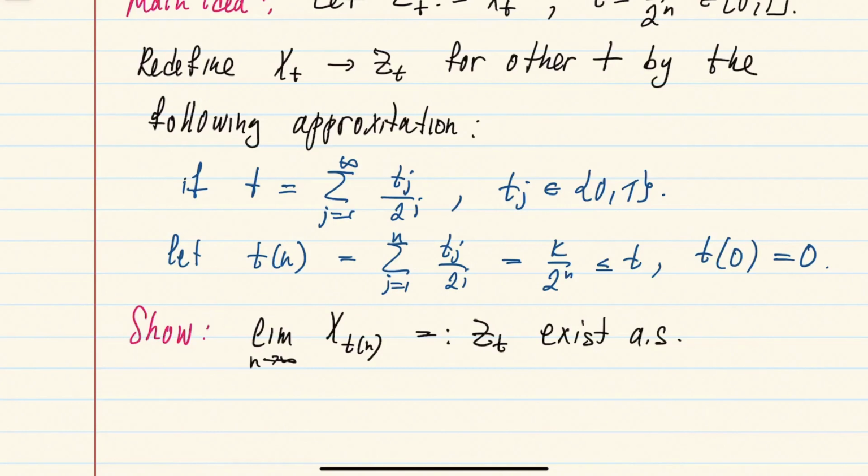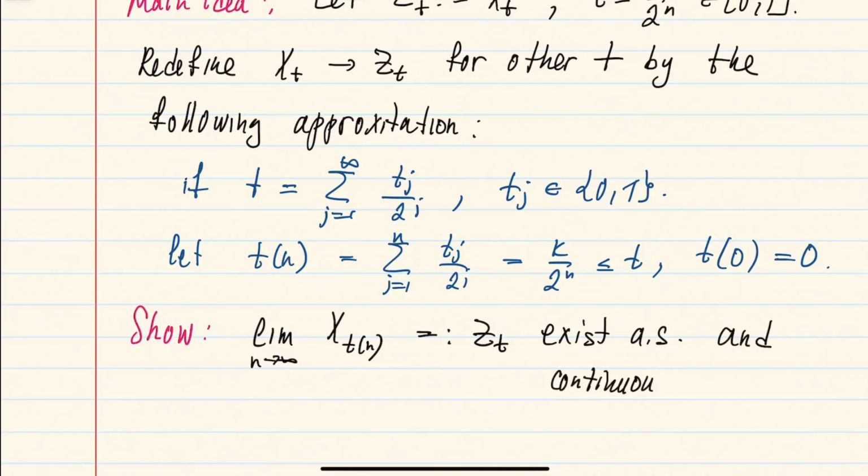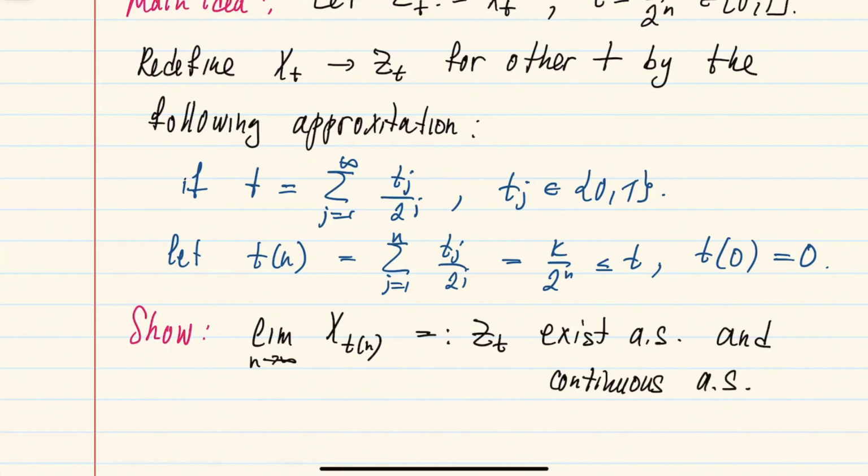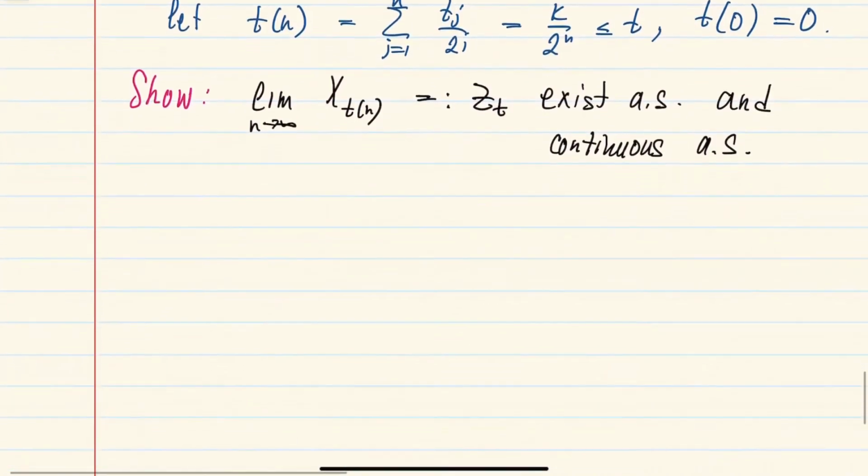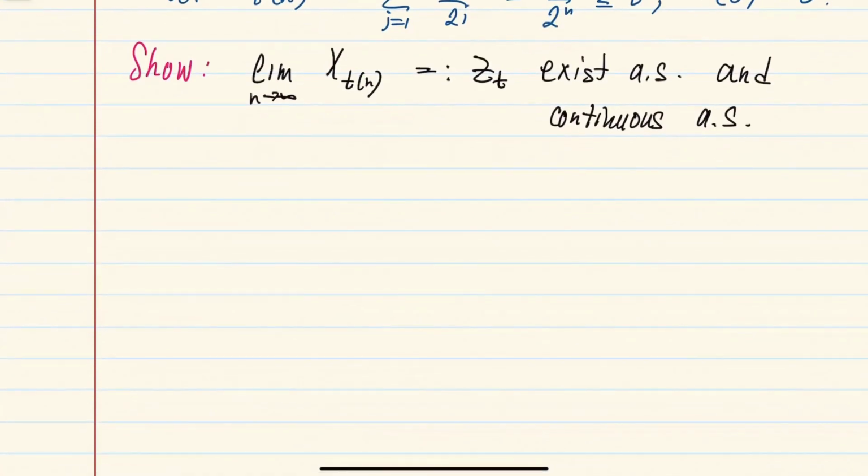It will give us a continuous process, so it will be continuous in t with probability 1. And on the event of probability 0, when we cannot control things, we'll just redefine it to be, for example, 0, to be some continuous function. That event has probability 0, so it doesn't really matter to us. And so what we want to show now is that this limit exists and is continuous.